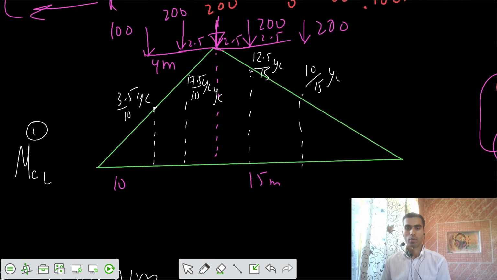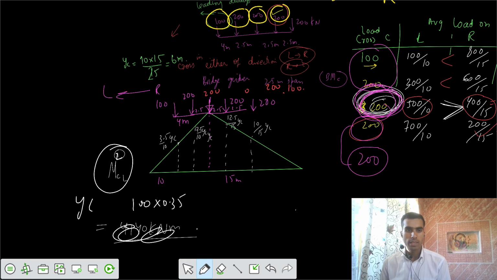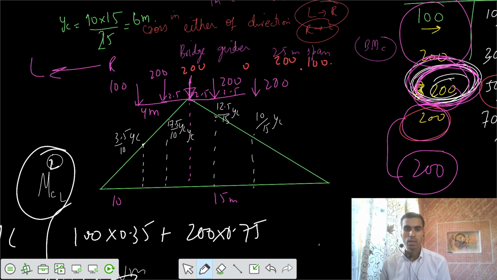Let's write the values now. Calculate moment at C for the second case. For the second case, I would say 100 into 0.35. Let's keep the YC outside, so I would write 100 into 0.35 plus 200 into 0.75, 7.5 by 10.